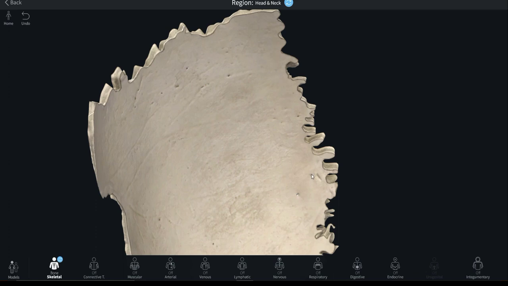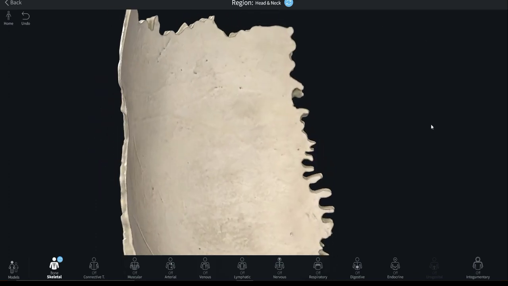It runs along the superior border on the inner aspect of the parietal bone. A faint groove runs, right? When the corresponding parietal bone will join with the other parietal bone, then this part will be completed, right? Let me show you that.